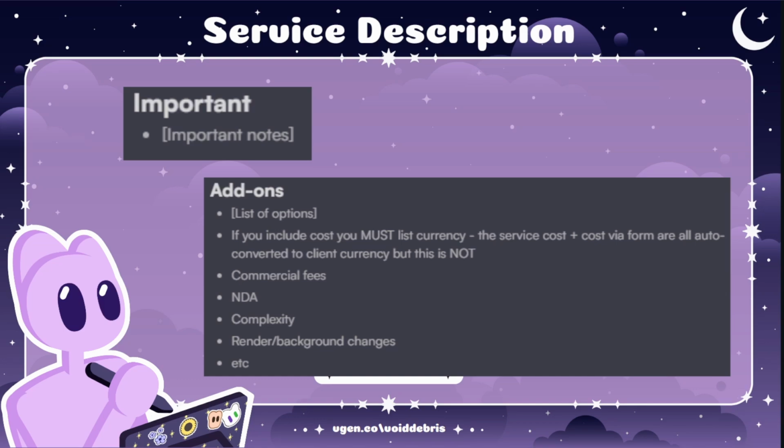So you want to make sure you're not confusing them. Here you can include things like commercial fees, NDA, if there are complexity fees, render background changes, etc. And then in the important section, you can include important notes. Here, I like to leave things like a reminder that this is a surprise me.